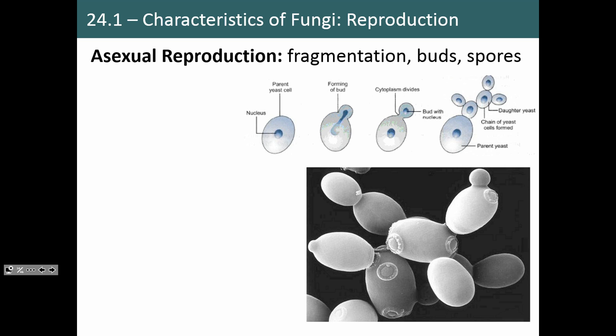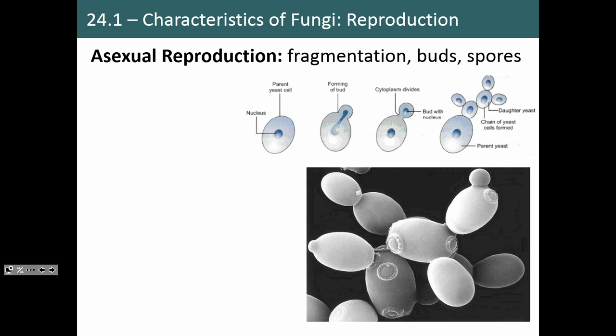As a default point, we just reproduce asexually. That can happen in many species due to fragmentation. So a little bit of mycelium breaks off and it goes somewhere else and it just vegetatively grows, right? And so just like many of our organisms we've talked about so far, you can have fragmentation as a source of asexual reproduction, making a clone.